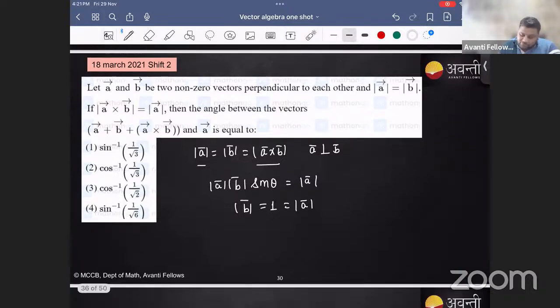Now can't I assume vector A is i cap, B is j cap, and A cross B is i cap cross j cap, which is going to be k cap? Yes or no?